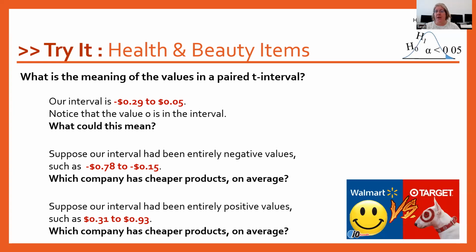So if 0 is in your interval, it means that it's possible that there's no change at all. If your interval is entirely negative values or it's entirely positive values, then you know that one of the products or one of the factors that you're testing works better than the other one.